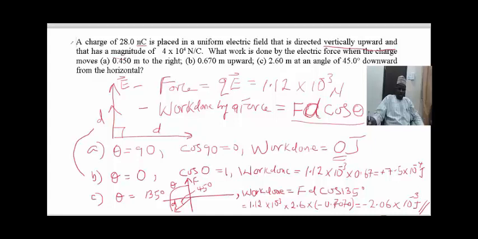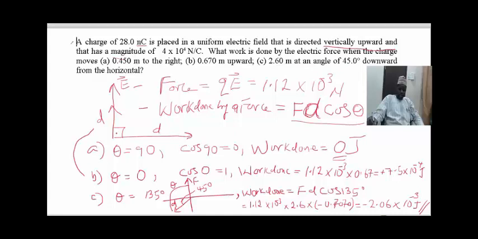Then cos 0 is 1. Then when we put cos 0 as 1, we evaluate the product of force times the distance, and this will give us a work done of 7.5 times 10 to the power minus 4 joules.